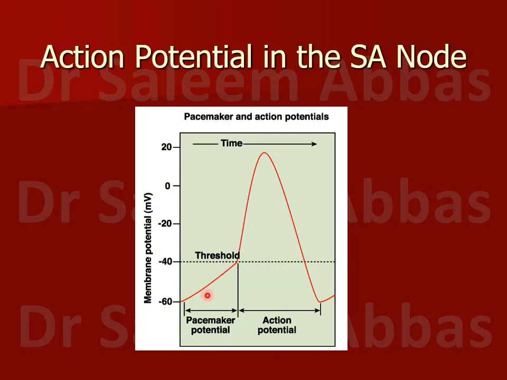Okay, so remember there are very special channels in the SA node which are known as sodium leak channels. Since they are leak channels, they are non-gated channels, and they allow the sodium ions to diffuse from outside to inside.